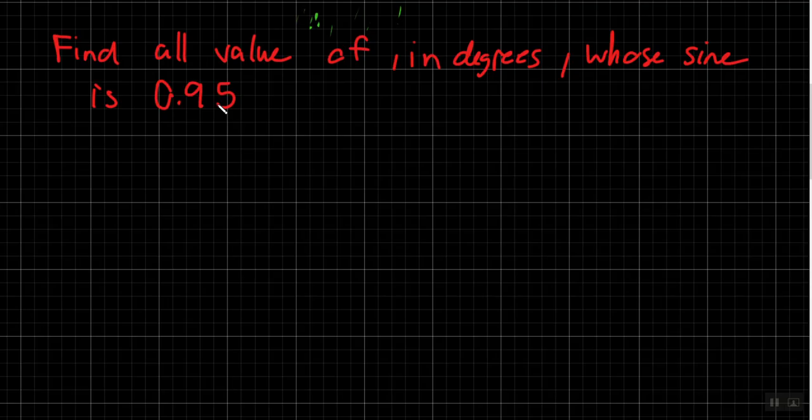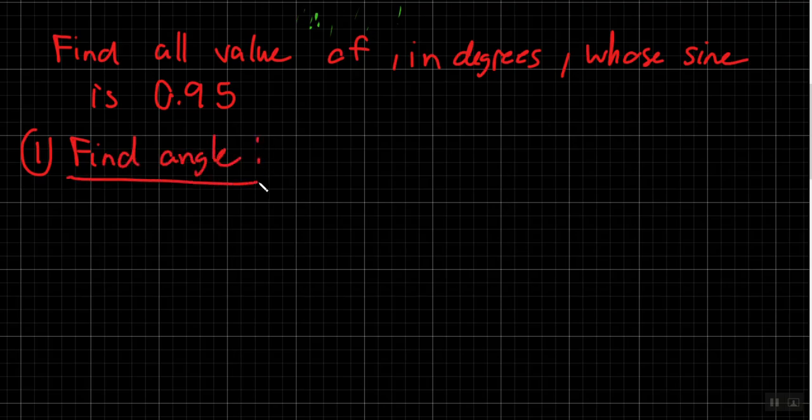This is still 8.1. Yep, it's a long one. We'll see if we get to homework. So right now, we need to find the angle. We know what sine is, so find angle. Right now, we know that 0.95 equals sine of something.